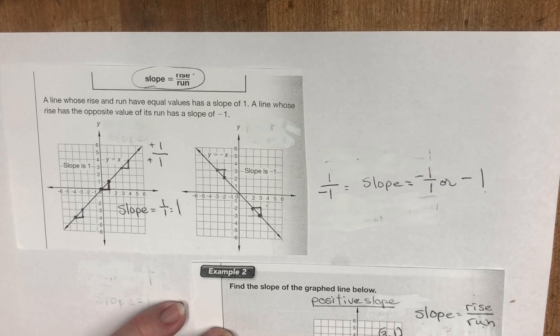Now the question was, what if I pick a point that's not the same point that the book picked? What if I pick this one over here? Starting here, I would go 1, 2, 3. It's to the left, so that's a -3 on the bottom. And then I would count down 1, 2, since that's a negative rise.